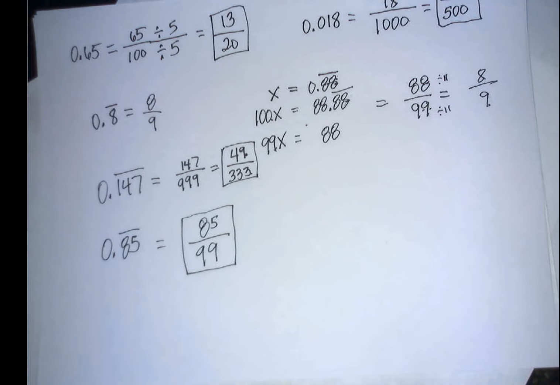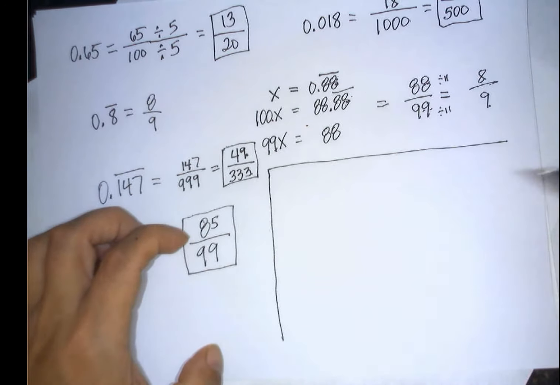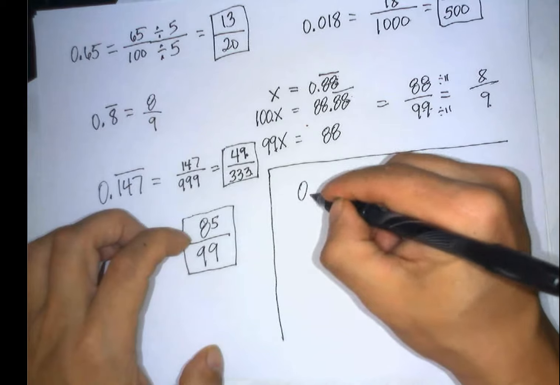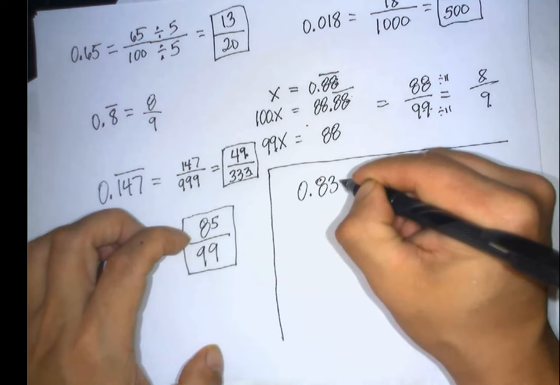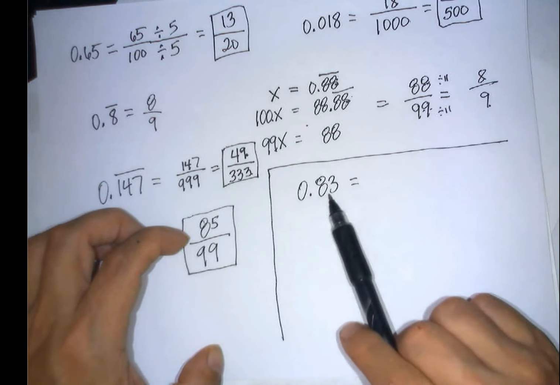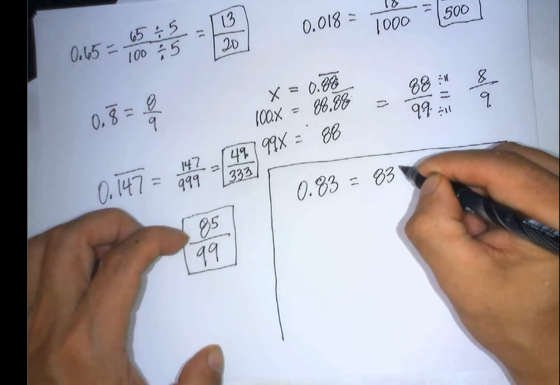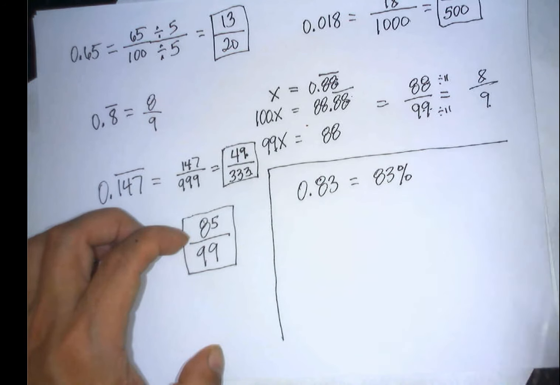So let me just real quickly go over percent to a decimal. If I take 0.83 and I want to change that to percent, I move the decimal to the right and put a percent sign.